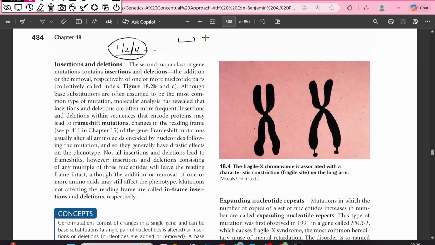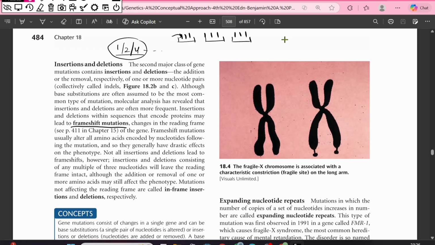We know that the reading frame is always in the form of triplets, 3 nucleotides read at one time, and this is read by the ribosomes. So if one nucleotide is inserted, then the whole reading frame will be changed. This is referred to as a frame shift mutation.